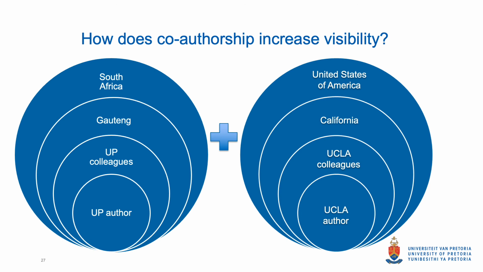Your co-author, say from University of California, Los Angeles, will share with his or her colleagues at UCLA, also with other colleagues within California and in the bigger United States of America. Now, this is how your research gets distributed much more widely than just your connections in South Africa.